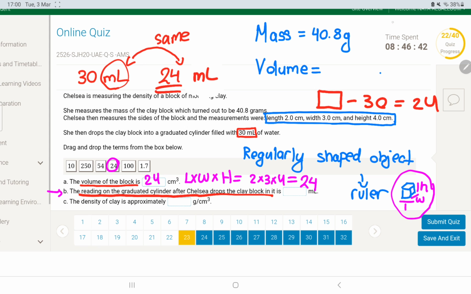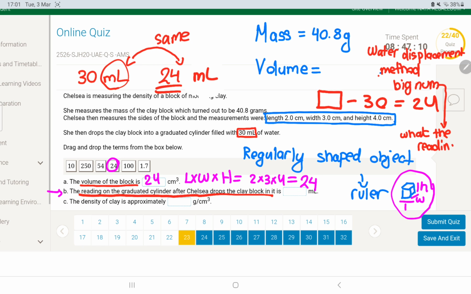Remember when I said that the water displacement method, you do the big number, which is what the reading was after the object was dropped.